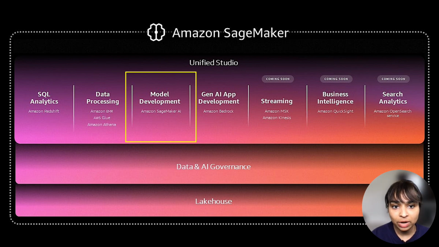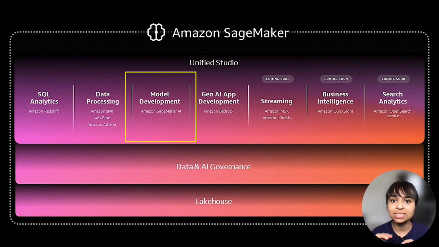You can still run your machine learning experiments, but now you also get built-in access to data prep tools like Glue and Athena, SQL analytics like Redshift, generative AI development via Amazon Bedrock, streaming, dashboards and business insights, all in one place. So SageMaker Unified Studio has everything in one place.